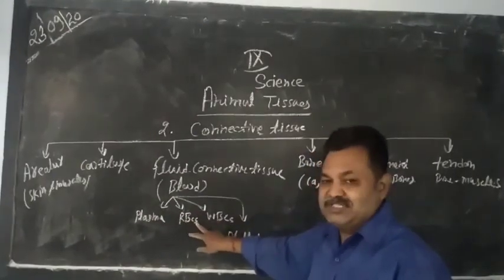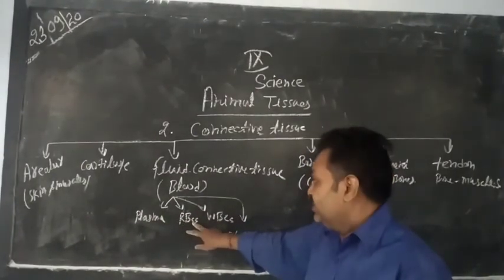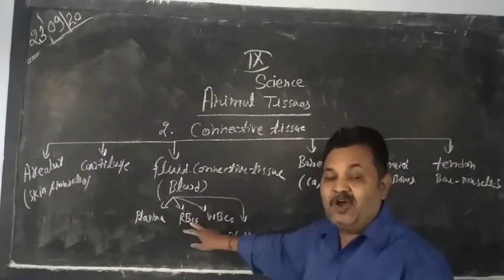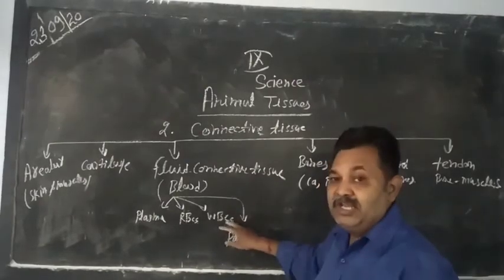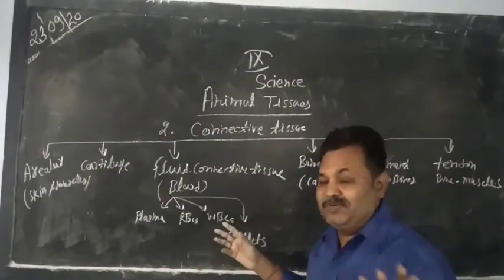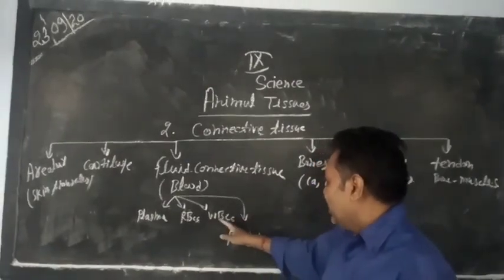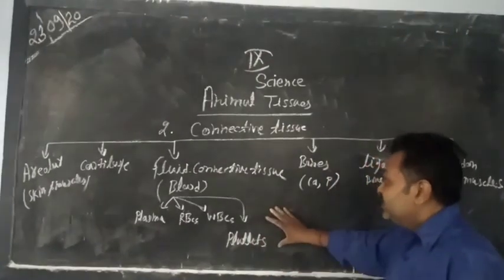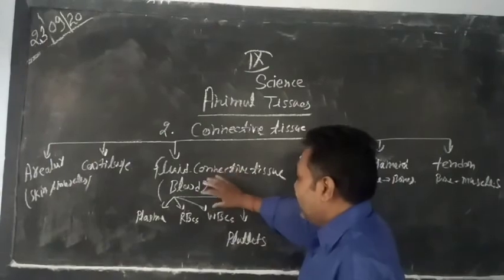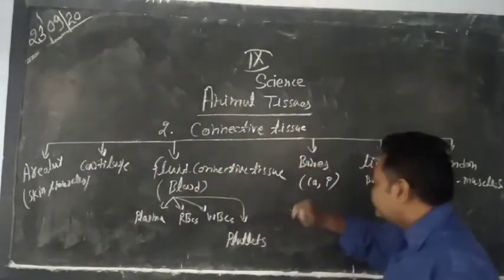Second is RBCs, red blood corpuscles, carrying oxygen throughout our body. WBCs protect our body from diseases. White blood corpuscles, and last one is platelets. So these four components make up blood.